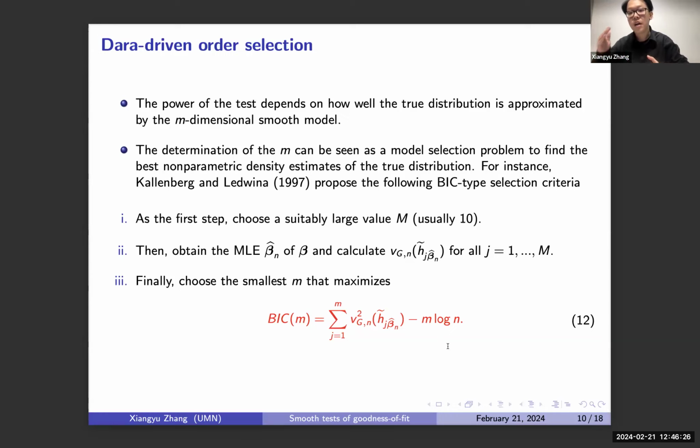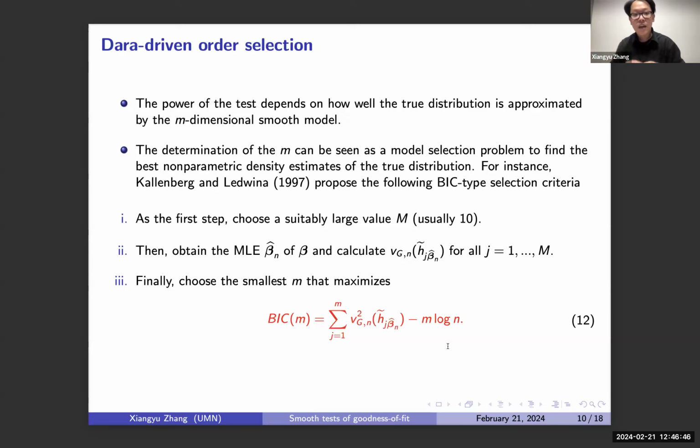You make a truncation of the expansion, right? That's your smooth model. If you do this truncation and your smooth model is still very close to the true distribution, then your test, using only these M parameters, can be very good. You will not lose much power.